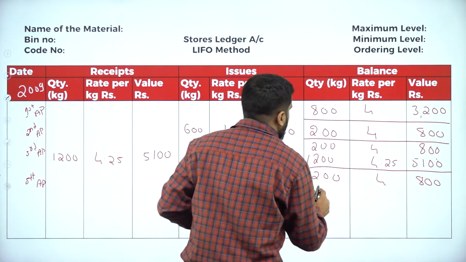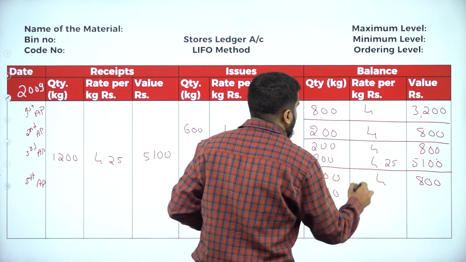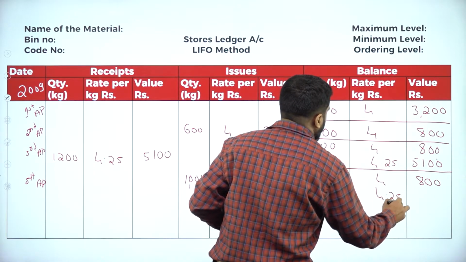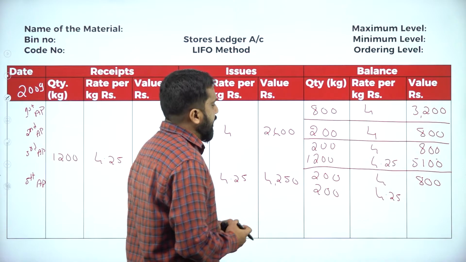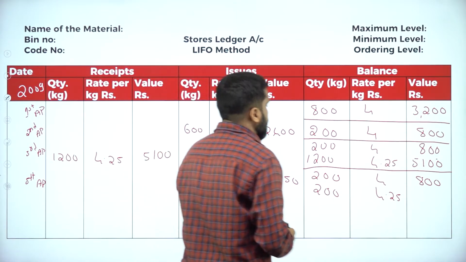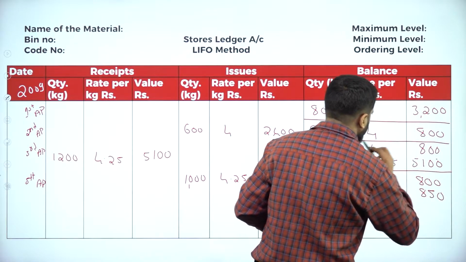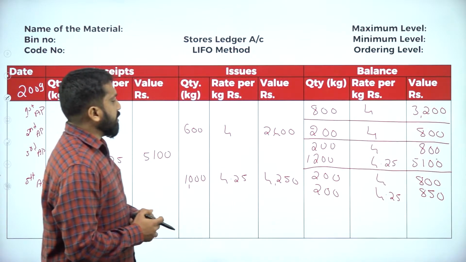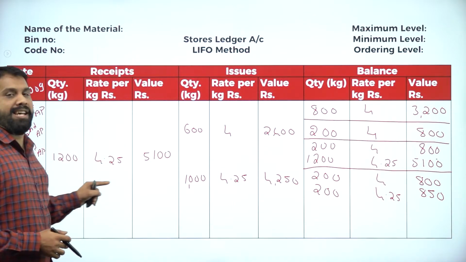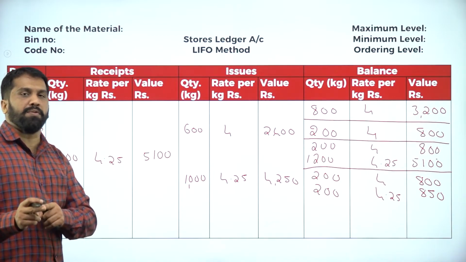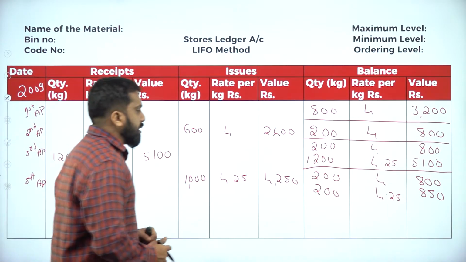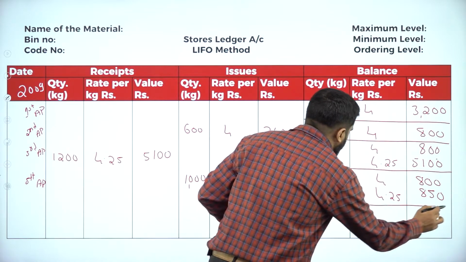Now, the balance is 200. The value is 4.25, so it will come to 850. So this is your 5th April calculation. Hope you understood. Now, we're done with your 5th April.